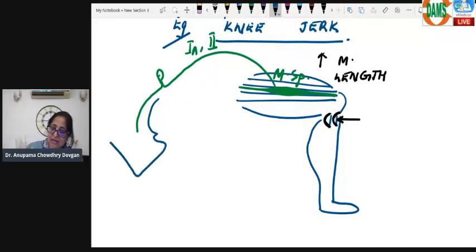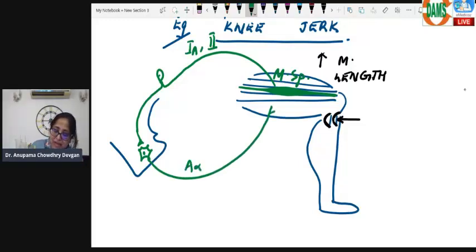These enter into the spinal cord and they synapse with the A alpha motor neurons. They excite the A alpha motor neurons, and these go towards the quadriceps muscle and cause a contraction of the quadriceps muscle.